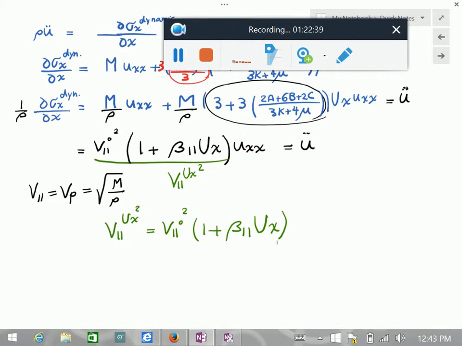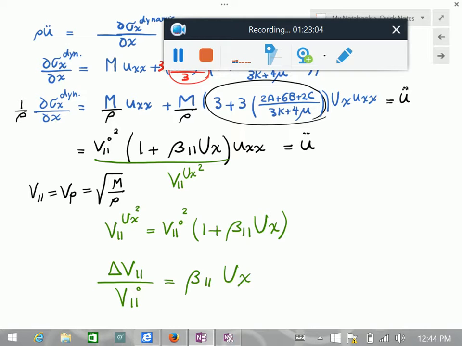So because the changes are small, we can see that the change in the velocity with respect to the original velocity that we have is actually linearly changing with the strain. You know how to get this.